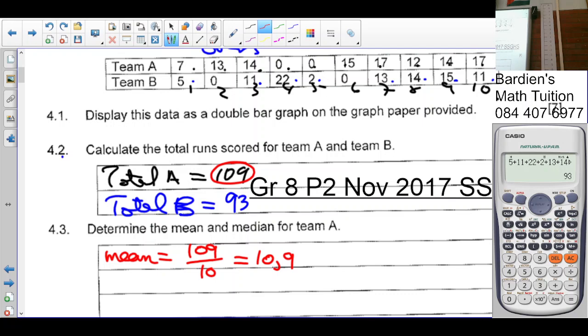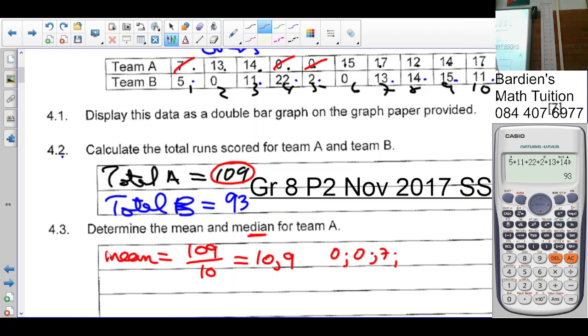And then for your median, the median is basically the middle number. The middle number, the middlemost number. So what I do is I write team A's score in order from smallest to biggest. So I got 2 zeros. Then the next smallest number is 17.